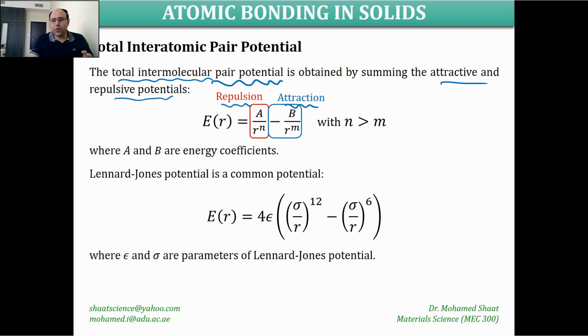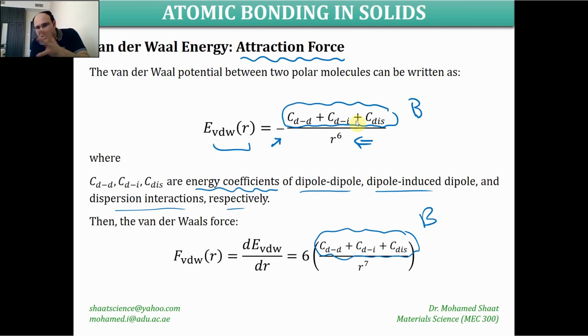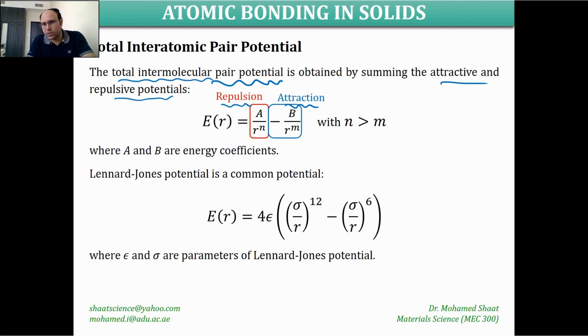We can do the same for the repulsion. We have different C's, but for the repulsive side we could combine all of these C's to be A. So the magnitude of the C's, or the energy coefficients of all the interactions for the repulsion, we give the symbol A as a material parameter, and B is another material parameter referring to the energy coefficients for the attraction side.